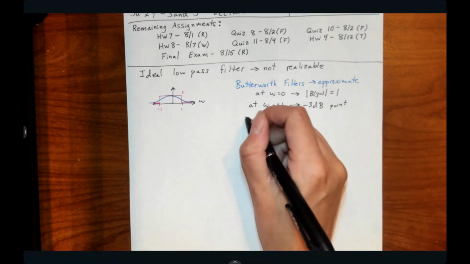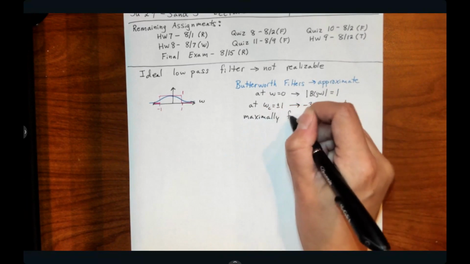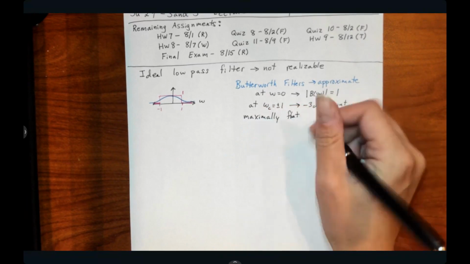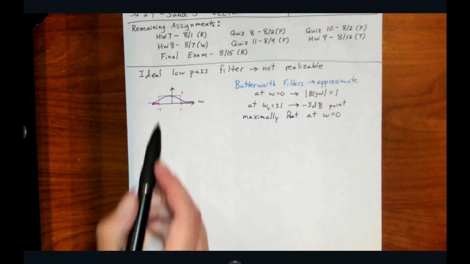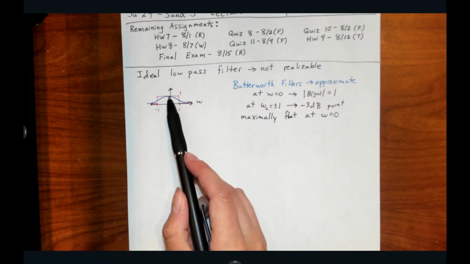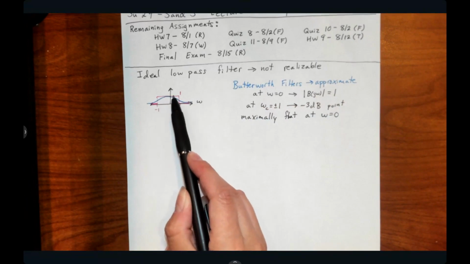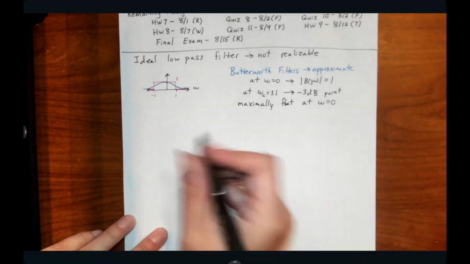And so what we said is that we also want to be maximally flat at omega equals 0, right? So in this region here, we want it to be as flat as possible. And because this is flatter, we're going to have a wider range where we pass through at very close to 1. And so we went through and we found some derivations.